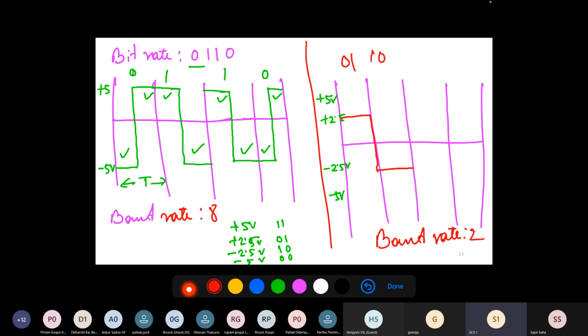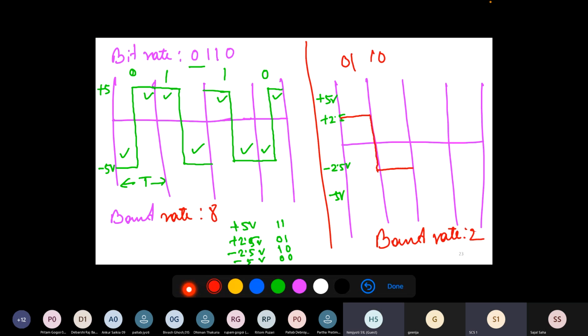Now to carry 3 bits in one signal, how many voltage levels do we require? Last day Himjyoti has told. Here in a single voltage level, we are carrying 2 bits. Now, if I want to carry 3 bits in a single voltage level, how many signal levels will be required?